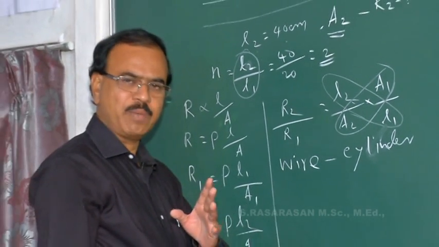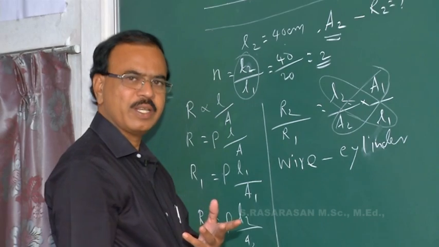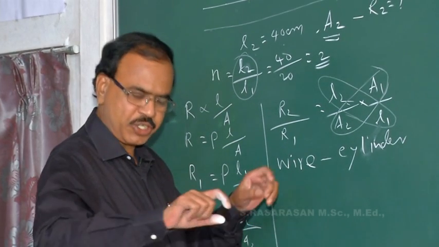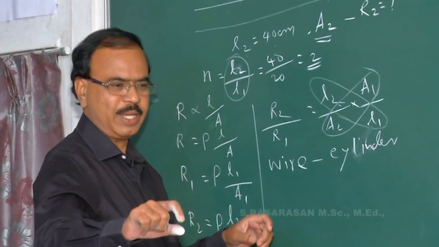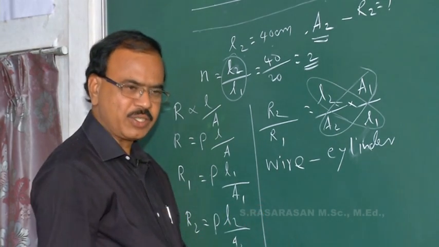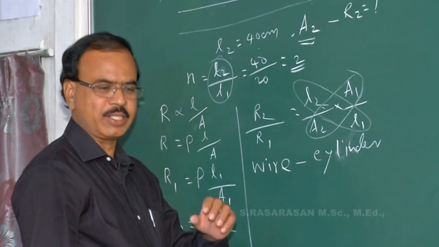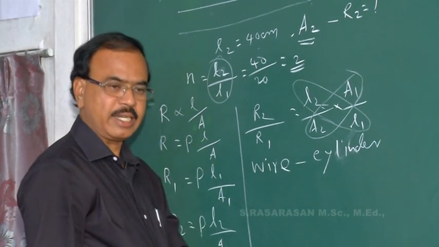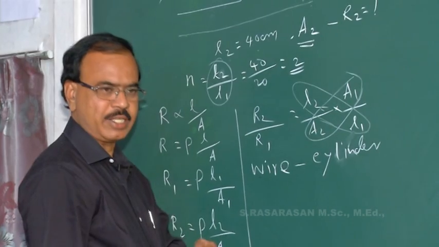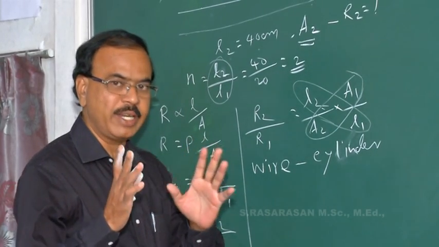That is the important concept drawn from mathematics. If a cylinder is stretched uniformly, its length increases, whereas the thickness and cross-sectional area decrease. So length increases, cross-sectional area decreases, but the volume of the cylinder remains the same.